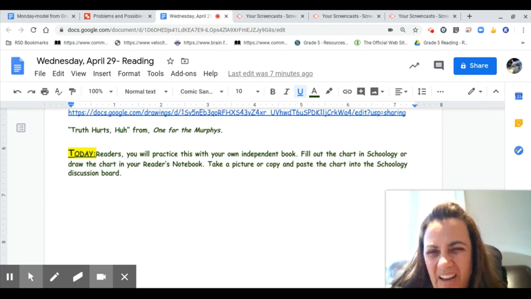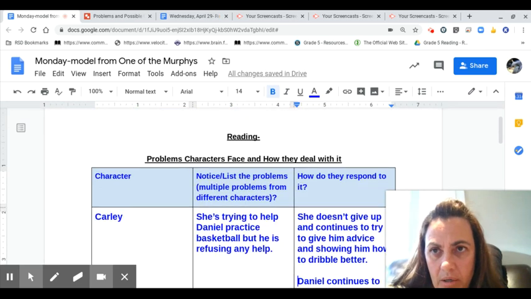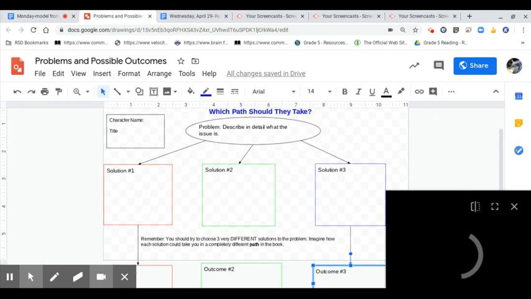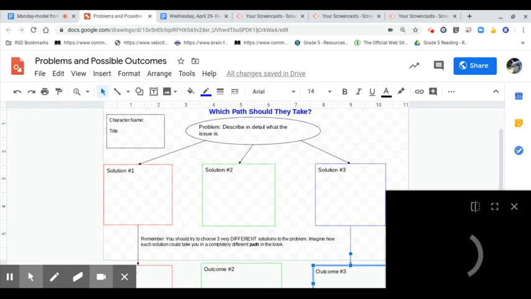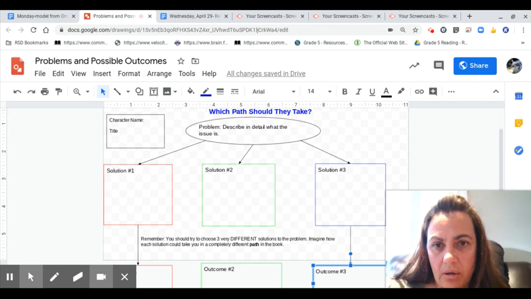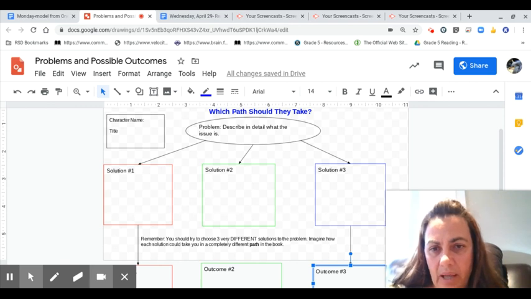Here are, again, the directions that we just want you to think back to those notes on Monday. Bring up that chart, or if it's in your notebook, and now help you with this chart where there's still the problem, but now come up with 3 different solutions and 3 different outcomes to that one problem.